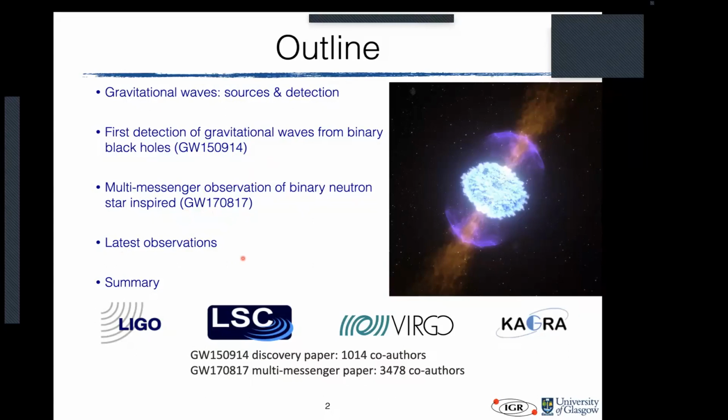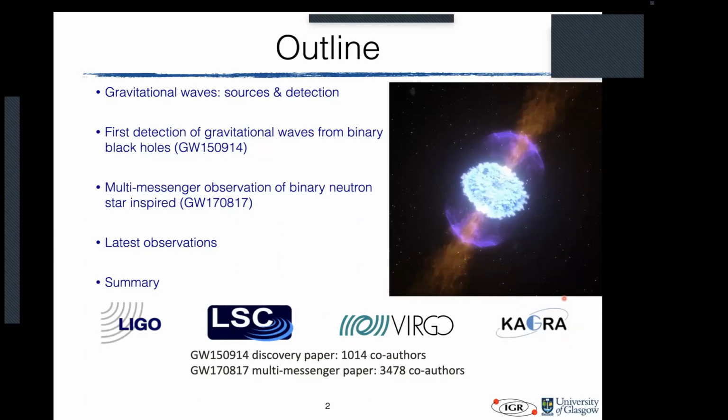I'm just one person talking here, but as already mentioned, I'm a member of the LIGO Scientific Collaboration, and we need multiple detectors, which I will explain in a moment. We need multiple detectors to observe a gravitational wave signal, and so we need our partners in Europe in Virgo, and also our partners in Japan in KAGRA.